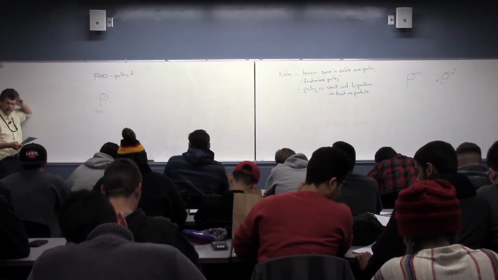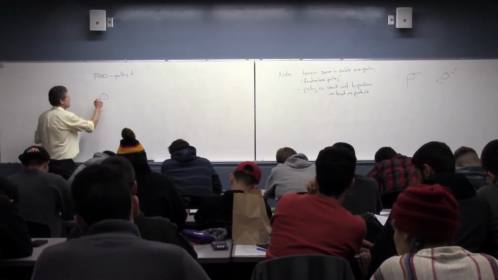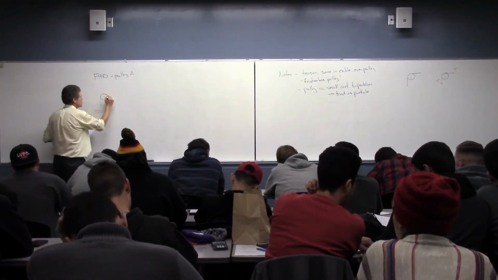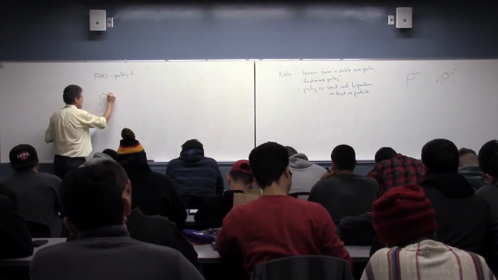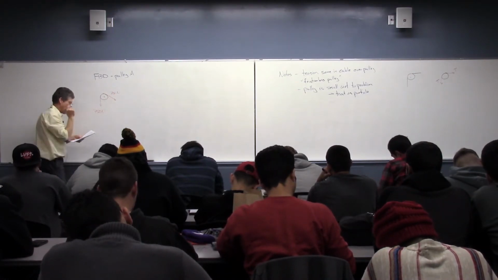So that's that P that we apply to that. So that means then for the cable that wraps across there and comes off at this angle, that's also going to be 750 newtons.